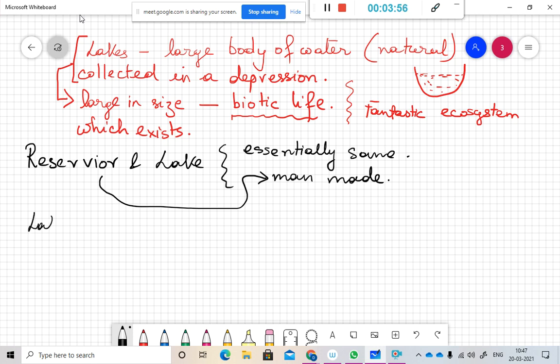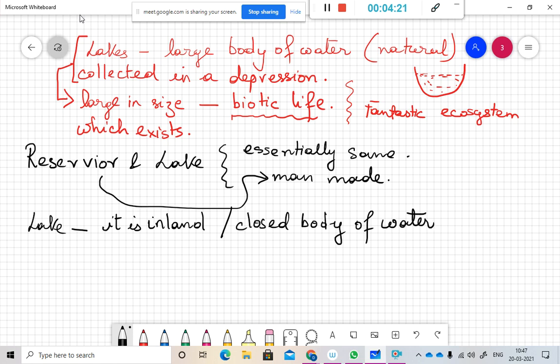Another factor of a lake is that it is an inland, closed body of water, and it is not part of the ocean.